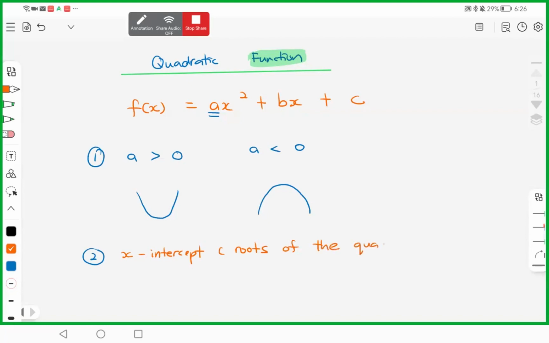Same name, but in graph form, we call it x-intercept. So you will have one real root, two real roots, or no real root. This we can check by using the calculator, EQN, to know whether there are one or two real roots, or two x-intercepts.